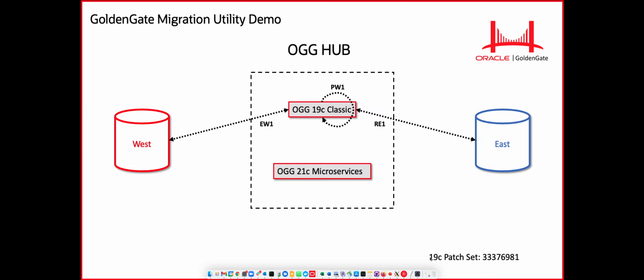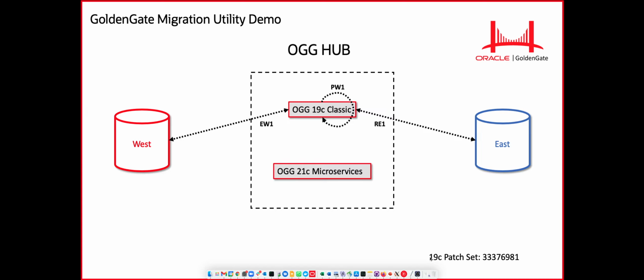I do have an environment set up as it is right now with a replication coming from a west database, which is going to be our source, to an east database, which is going to be the destination. To simplify the demo, I created a hub environment where everything is in a hub configuration.